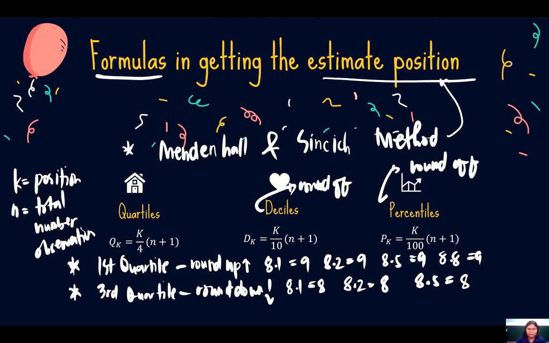2 decimal places. Okay? For example, 5.357. So, this is 5.36. Okay? Not 5. Pero if you're going to change this, gagawin natin siyang 4, so magiging 4.6.